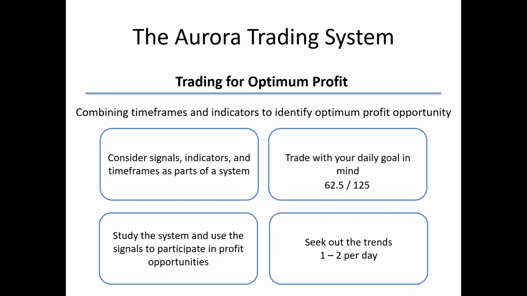If you traded 62.5 points on NQ and you traded 10 contracts, that translates into, over a 20 trading day month, $250,000 for the month.